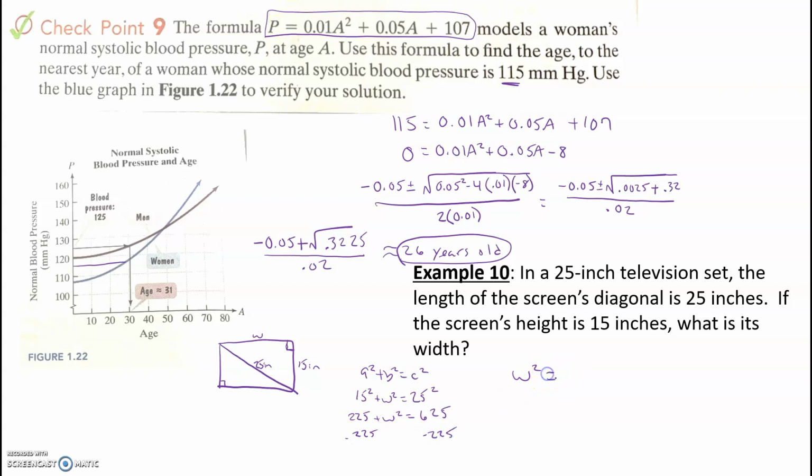And you got w squared equals 400. And then our last step, take the square root of both sides. Now remember, you're going to get two answers, right? But we're talking in terms of a TV. Do you think the width is negative 20 inches? No. So we only want that positive answer. We want positive 20 inches for the width.